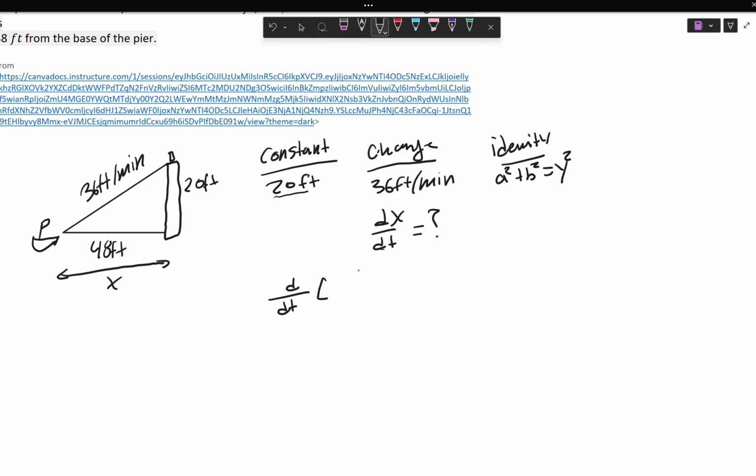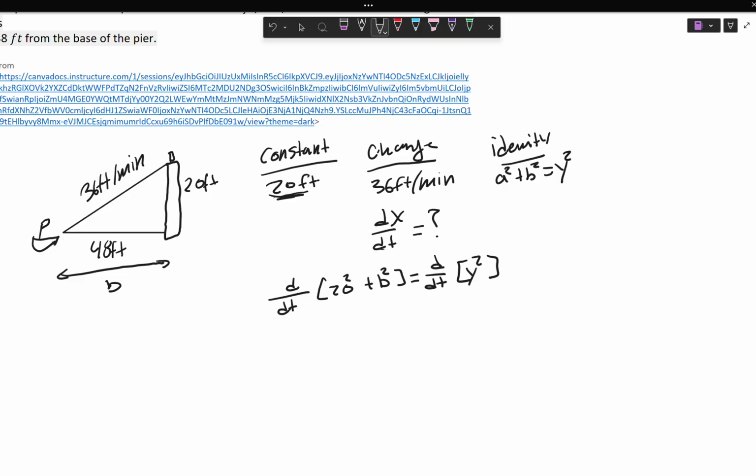But since I have a constant that was always staying the same, because height can never change if you don't cut it, let's put this as b, because we're trying to find the base. A squared can be our constant, so 20 squared plus b squared is equal to the derivative with respect to time of y squared.